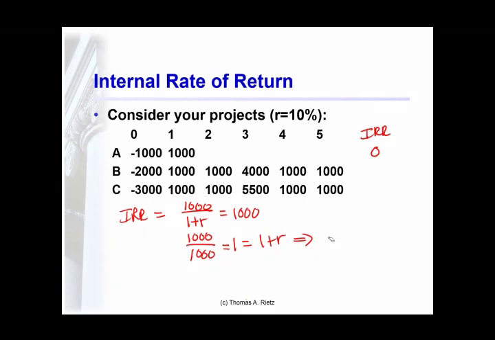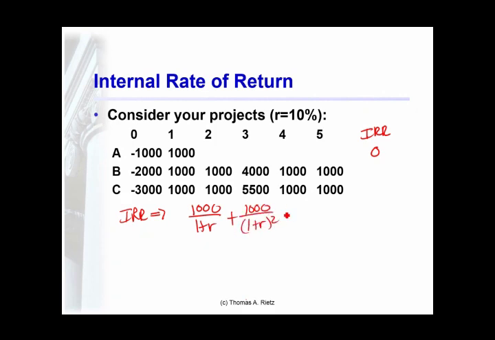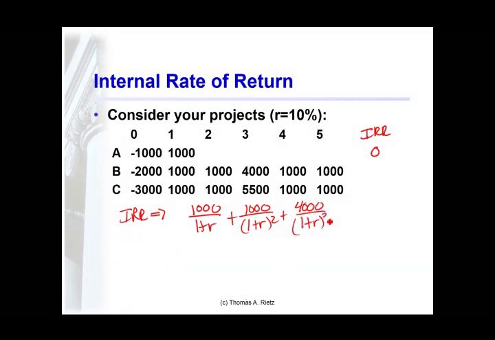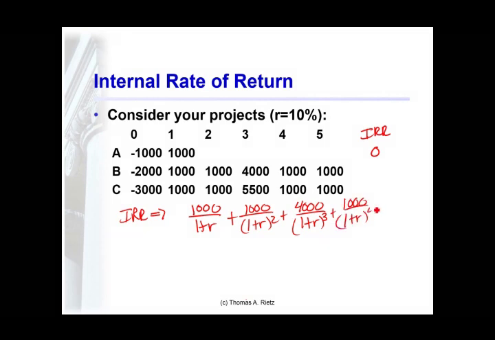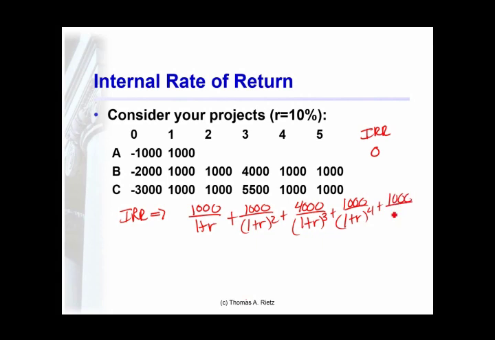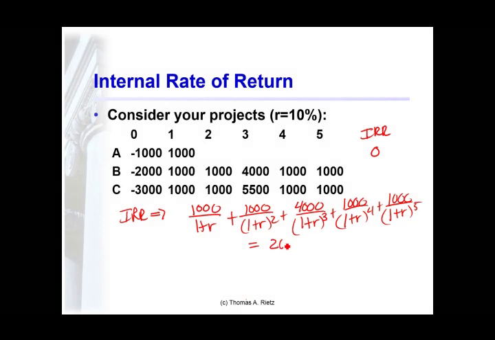What's more challenging is when you have an uneven set of future cash flows. So you need to find the return, for example, for B, that equates $1,000 in a year, $1,000 in 2 years, $4,000 in 3 years, $1,000 in 4 years, $1,000 in 5 years to the investment.